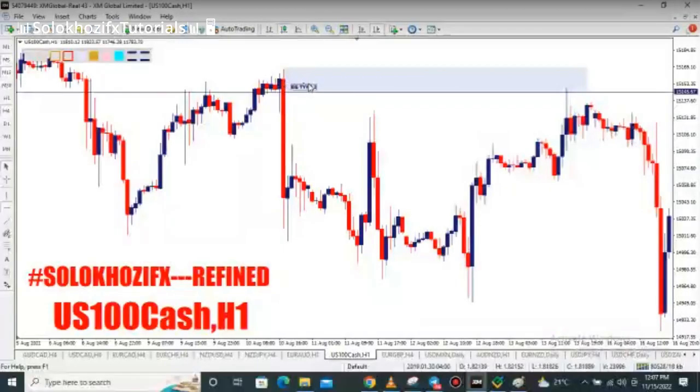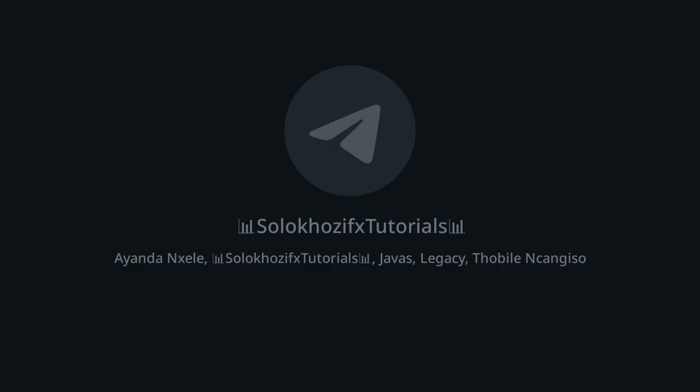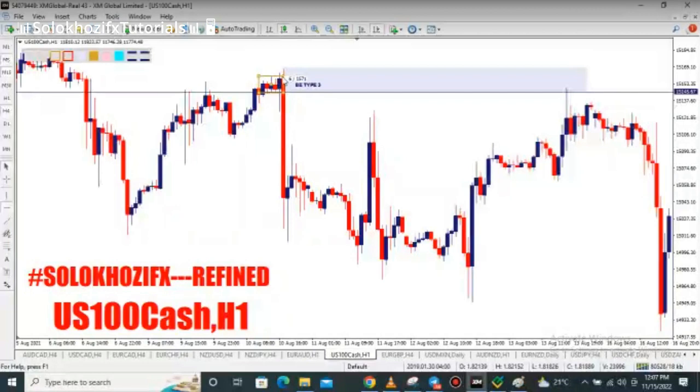I think the only catch is to identify. It's very important on type 3. Identify these small candles, these candles here. These are the candles that I'm talking about.